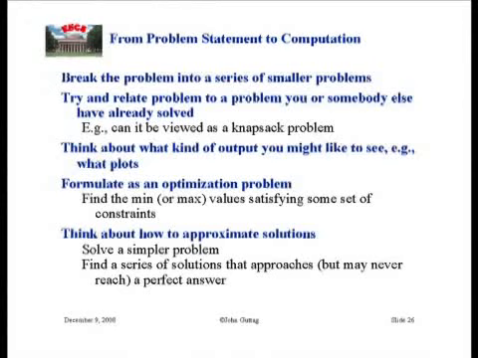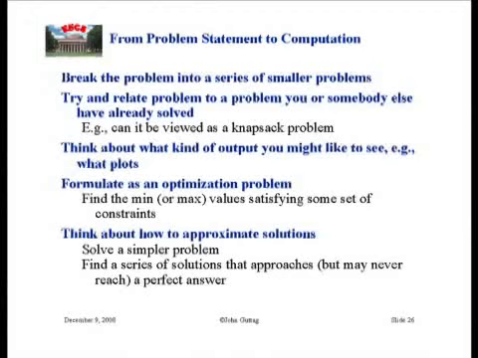Going from problem statement to computation, we said a lot of this. You break the problem into a series of smaller problems. Ideally, reducing it to a problem that you already have code to solve or somebody else's code to solve. My first instinct when I have to solve a problem is I go to Google and I think about, I say, oh, this is really an X problem, a shortest path problem.